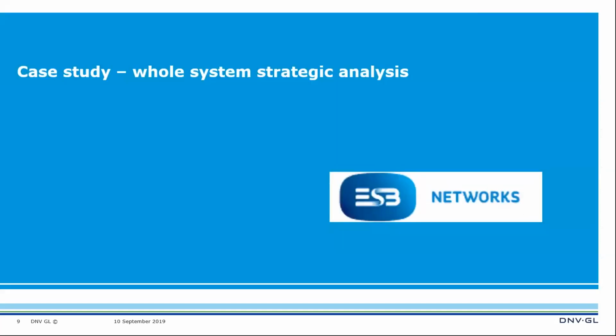So onto the case study. ESB advertised a request for proposals. They're carrying out a significant set of policy reviews at the moment, but also they are currently in negotiation with their regulator for the next price review. And as part of that, they have prepared a submission on their future investment requirements.